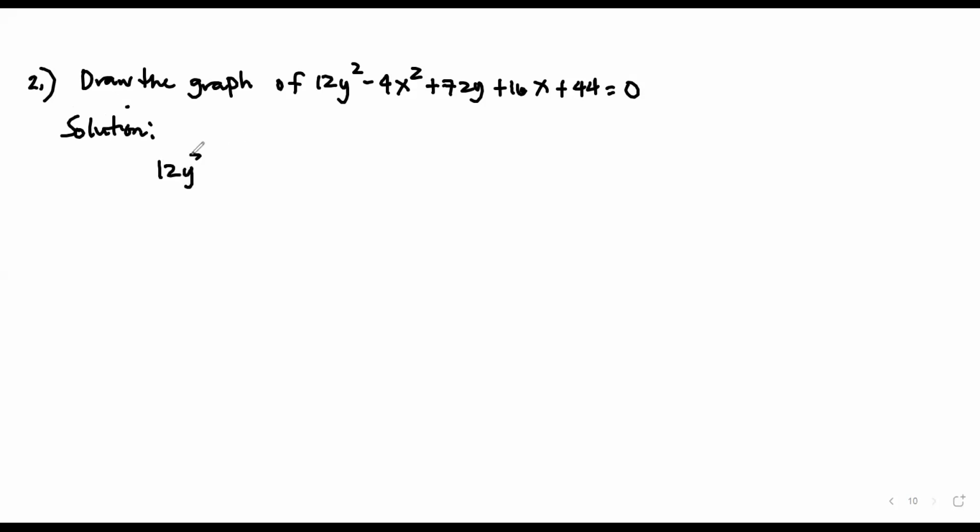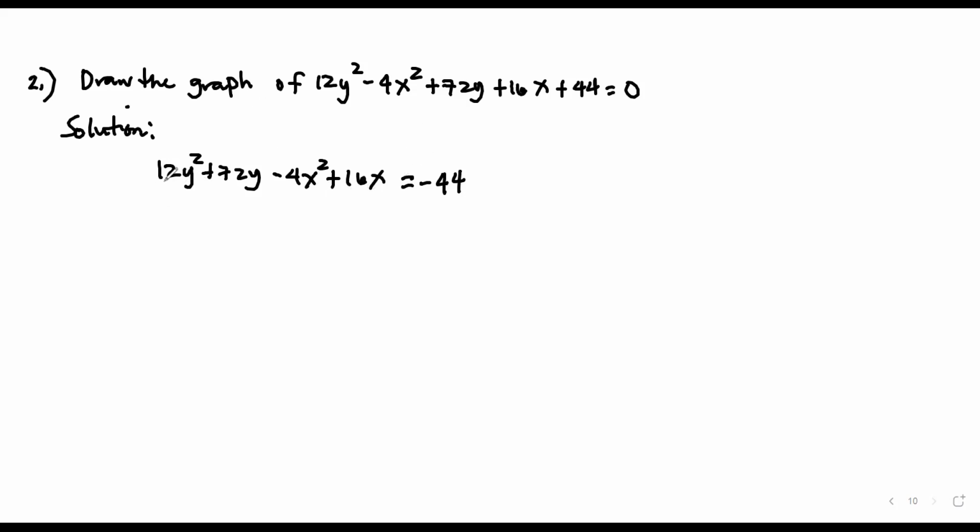So we will have 12y squared plus 72y, minus 4x squared plus 16x equals negative 44. Okay, so isolate terms with y and terms with x.